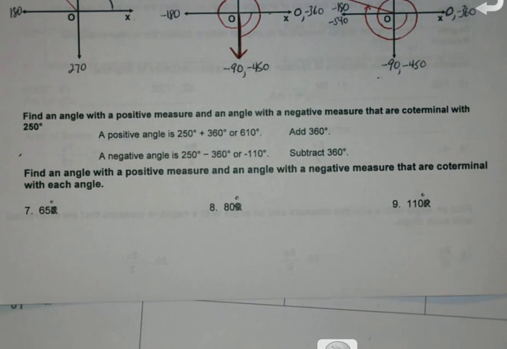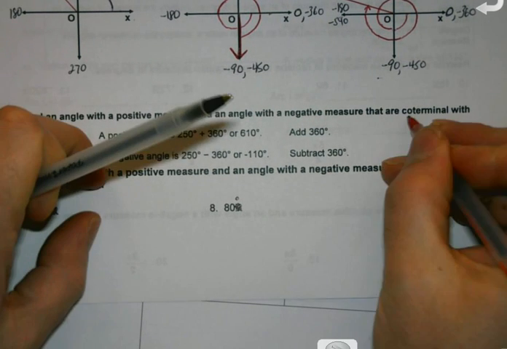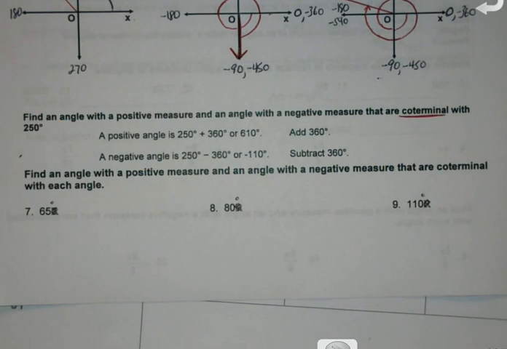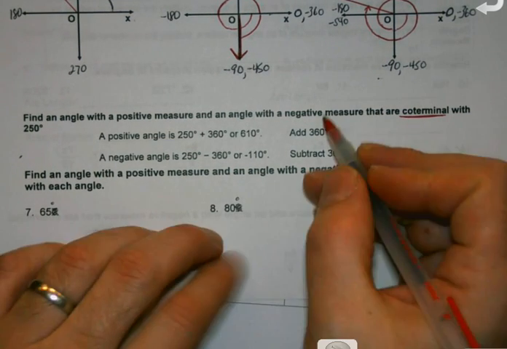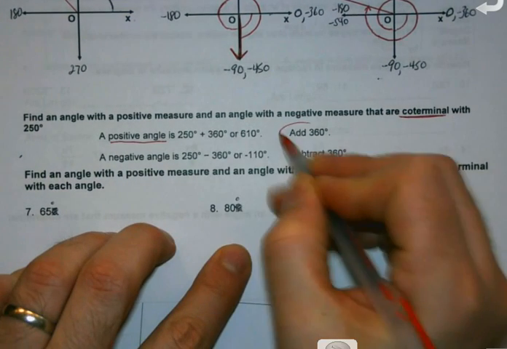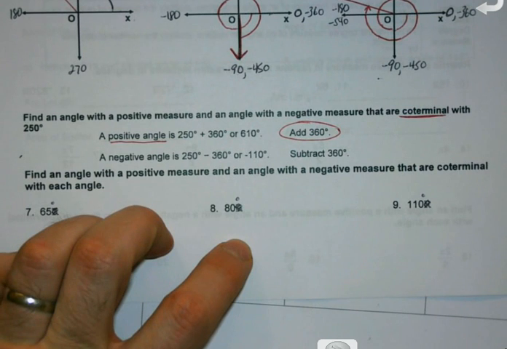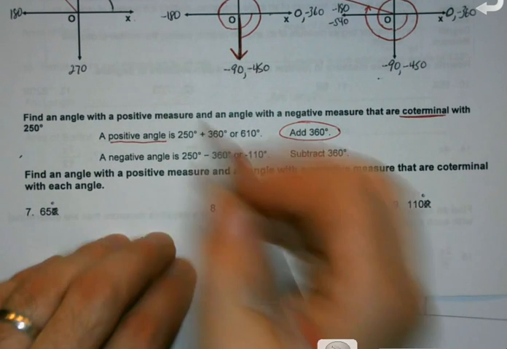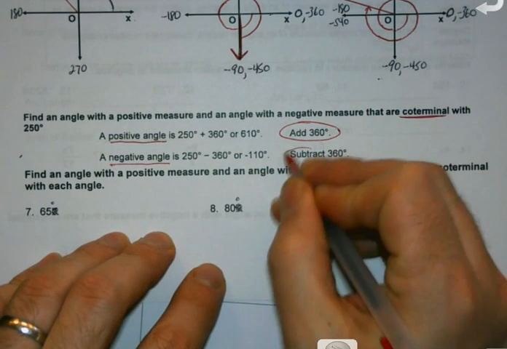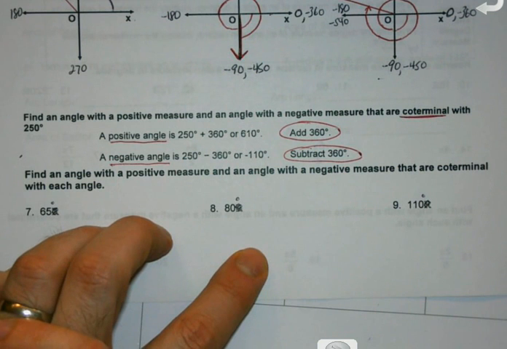And coterminal basically just means as you're rotating, what are some other angles that would end or have the exact same terminal side? Hence, coterminal. They share the same terminal side. To find positive ones, we're just going to add 360 degrees to whatever I have. And if it's negative, I'm going to subtract 360.